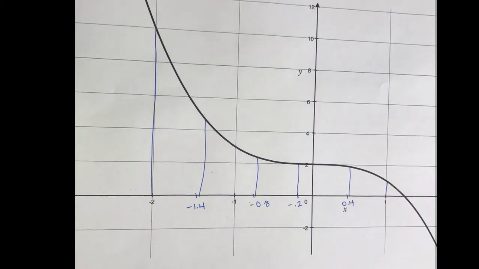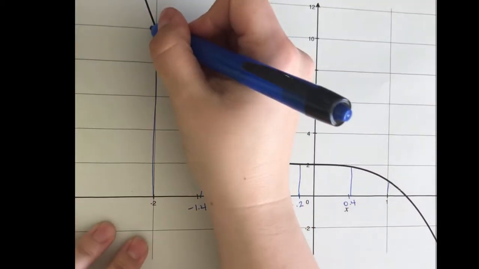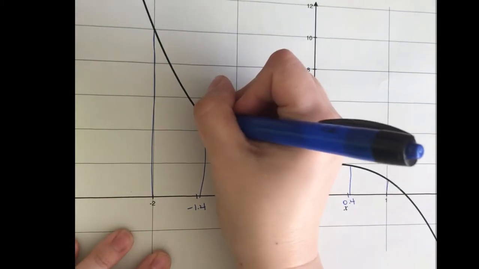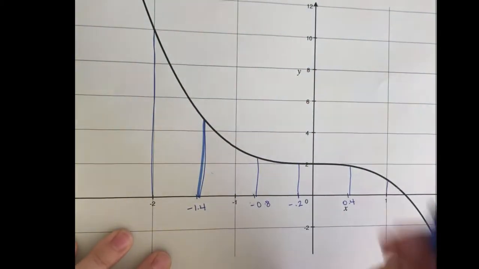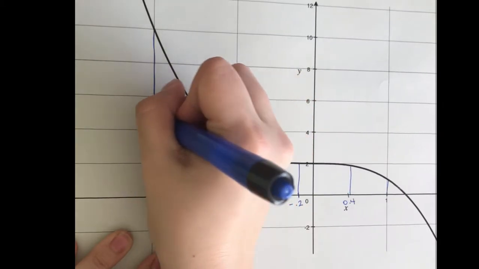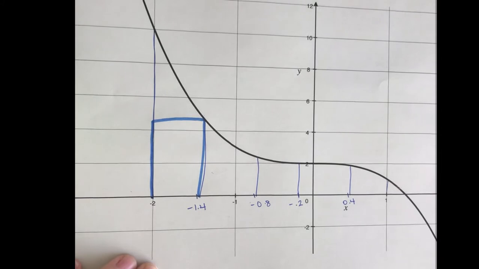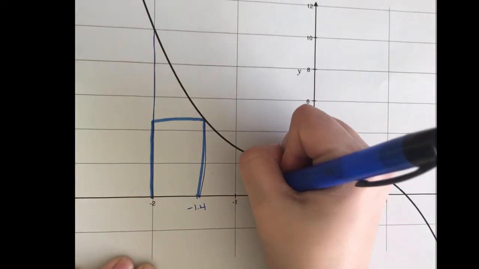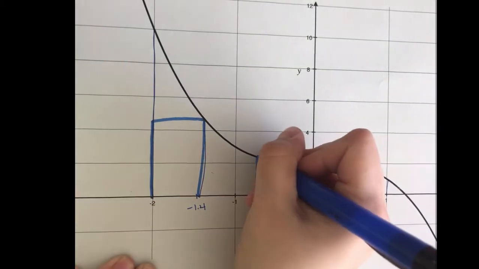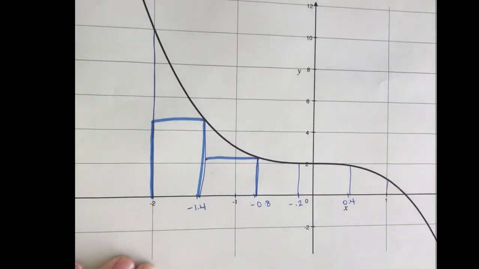Just as before, instead of going to the left, we're going to start with the right boundary of that rectangle, and then we're going to draw across. So here is the first rectangle if it's right-sided. Again, go to the right boundary, draw across.